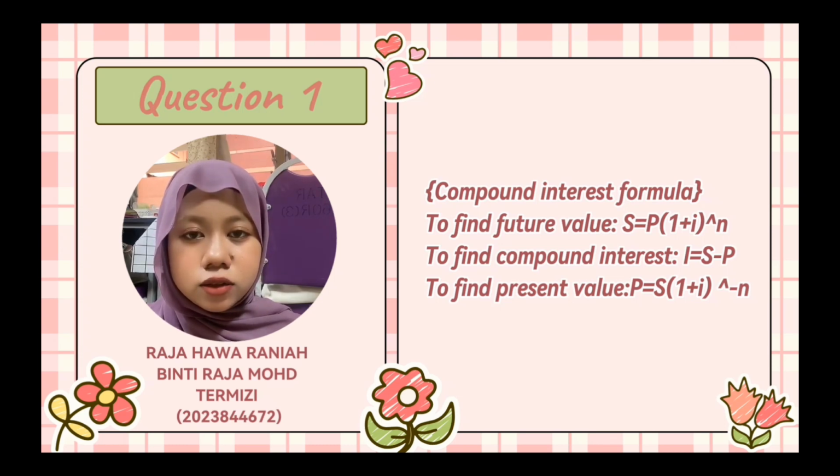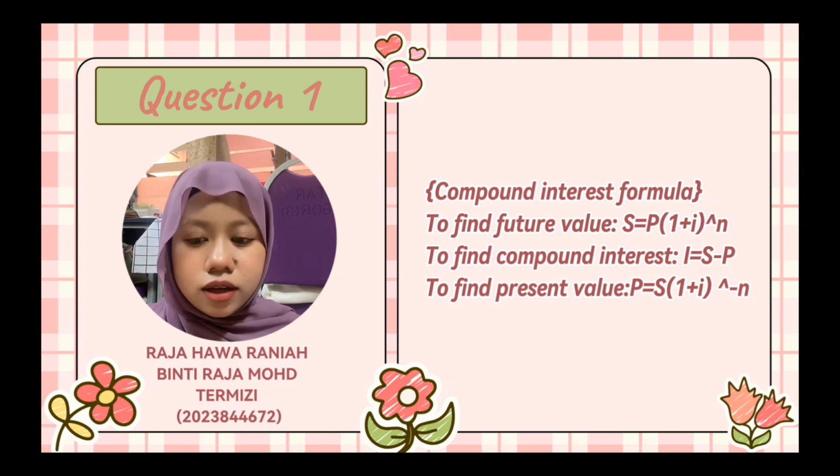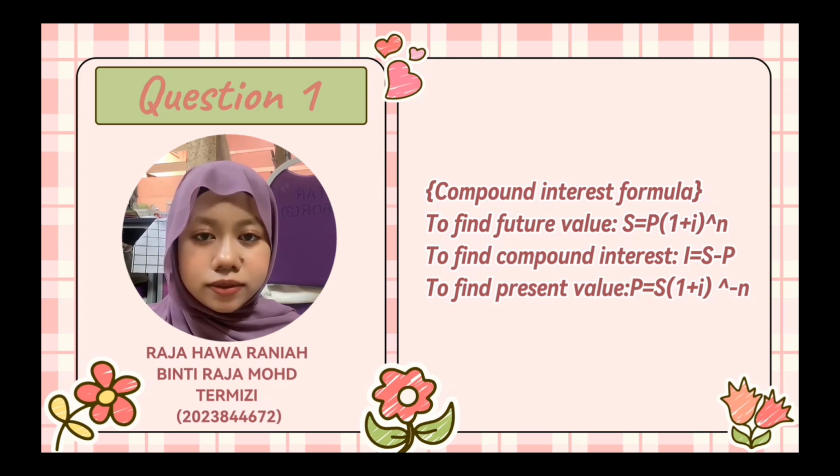And if we want to find present value, we can use the formula P equals S times (1 plus i) to the power of negative n. And if we want to find compound interest, we can use the formula I equals S minus P. Okay, so that's for question 1.